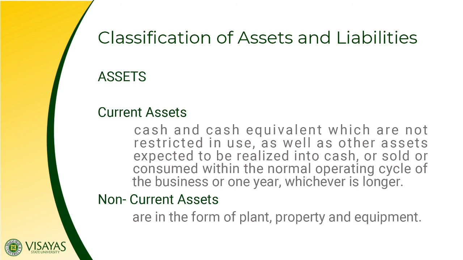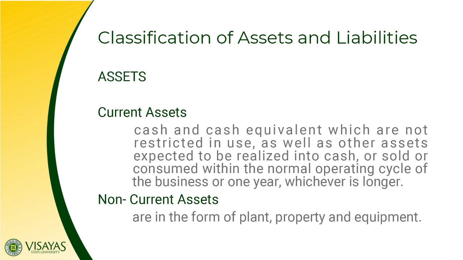So current assets include cash, either cash on hand or cash in bank, marketable securities, accounts receivable, notes receivable, inventories, for a merchandising or manufacturing business type, as well as prepaid expenses, which are the supplies, insurances, the rent.